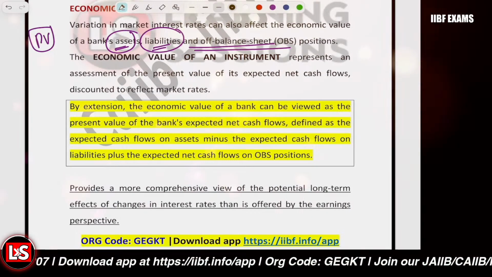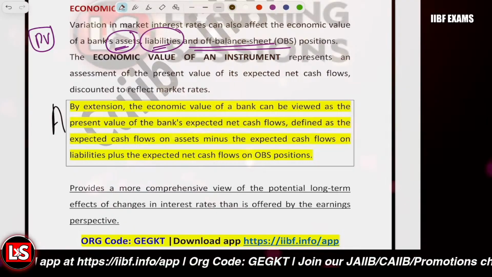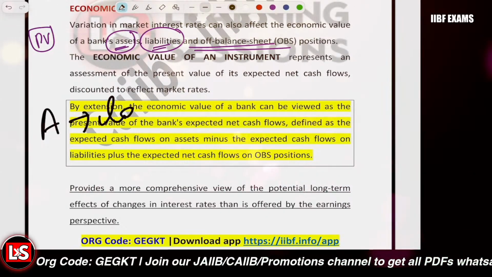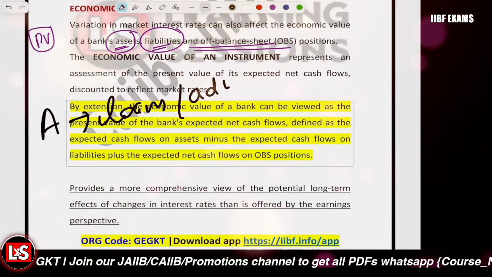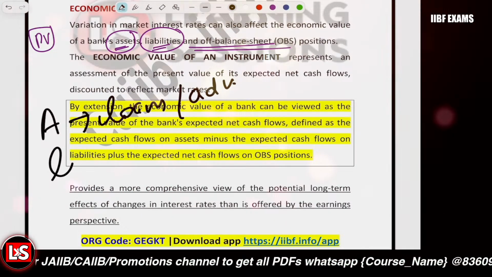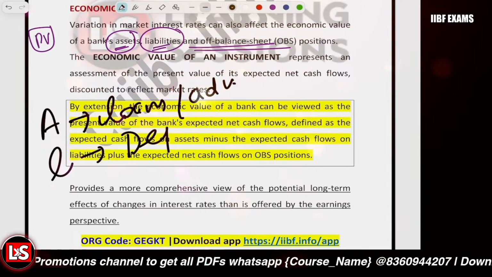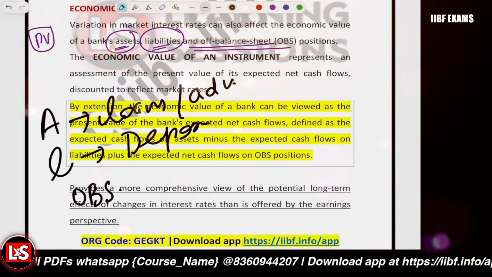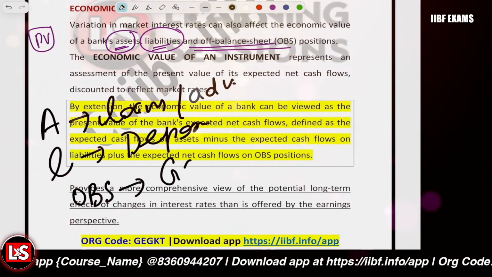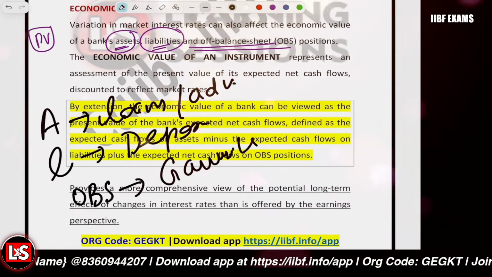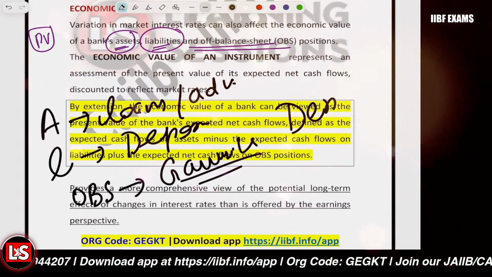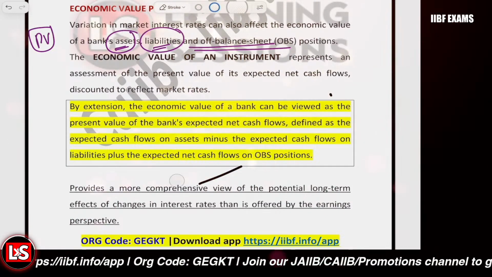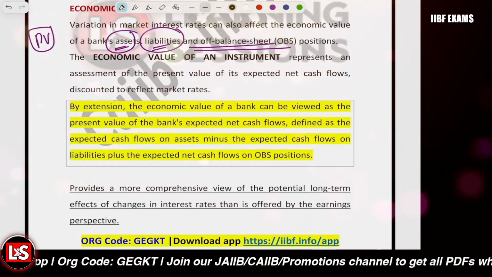Liabilities means the deposits. And off balance sheet positions means the guarantees, derivatives, commitments, all those parts. Those all are impacted. The economic value of all are impacted due to the interest rate movement.